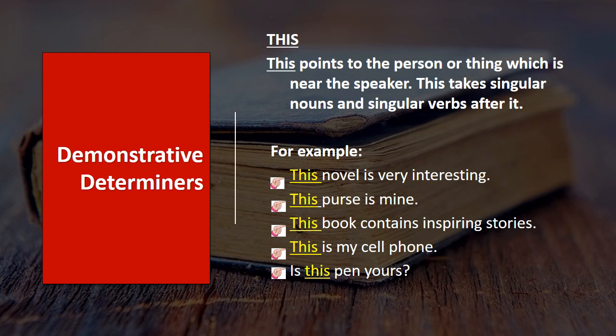For example, this novel is very interesting. It means the novel which is near the speaker is very interesting. This purse is mine. This book contains inspiring stories. This is my cell phone. Is this pen yours?